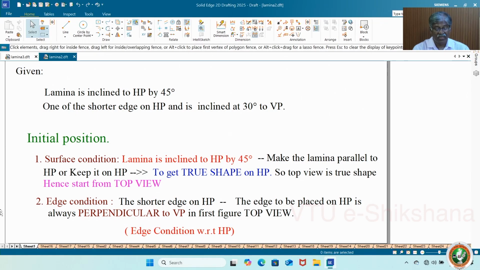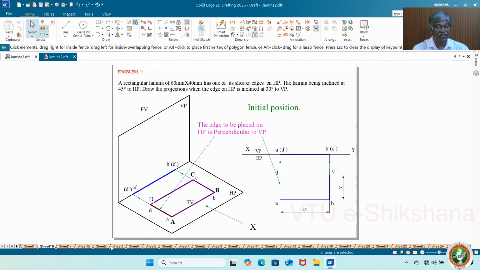Okay. Now let us move on to the actual situation. The first initial position, I refer to this as initial position. I have also noted this AD is to be placed on HP. We can keep BC also, no problem. But normally we keep AD for space management, so that in further problems we should not get any difficulty. So naturally we keep DA or AD as the reference.